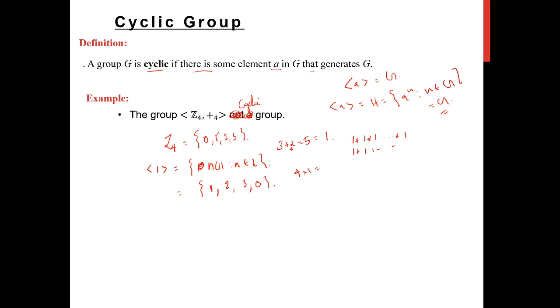So this is actually Z4. Therefore, it is a cyclic group generated by 1.